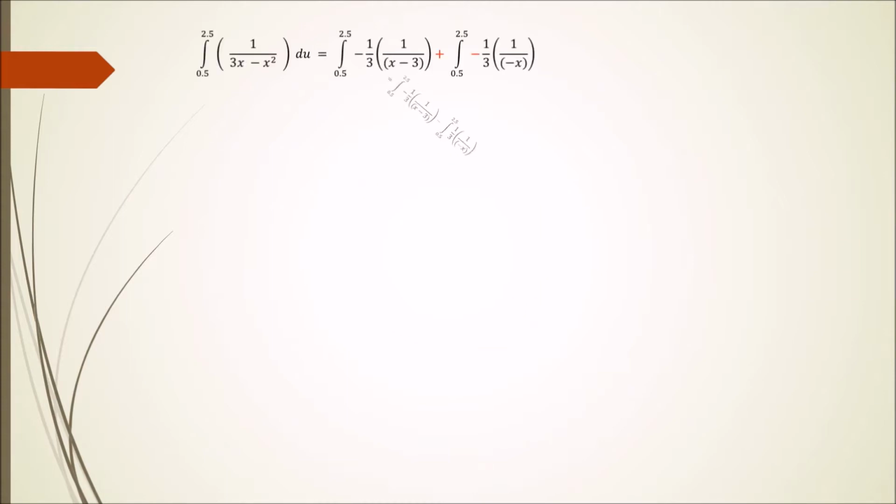After you get the answer for a and b, substitute into the equation, then you realize that positive and negative can be simplified. Positive and negative 1 over 3 become negative, and negative and 1 over negative x also can be simplified. Negative and 1 over negative x become positive.